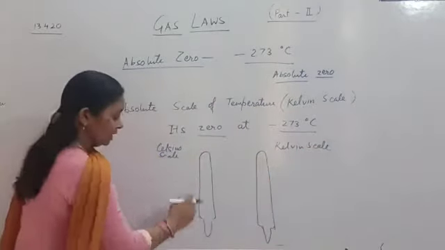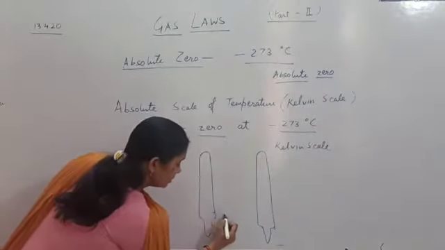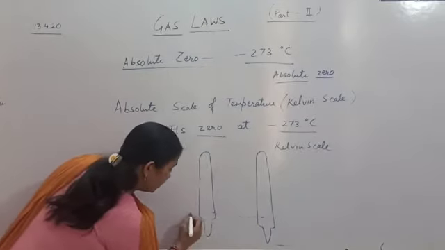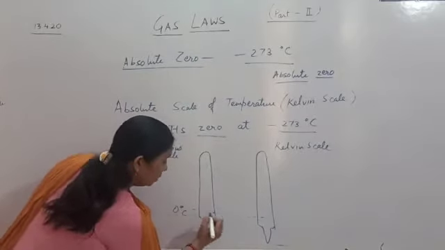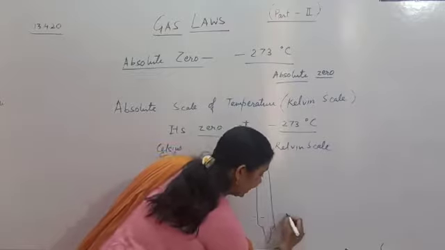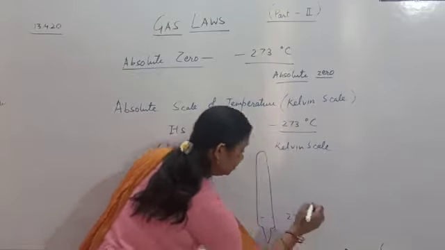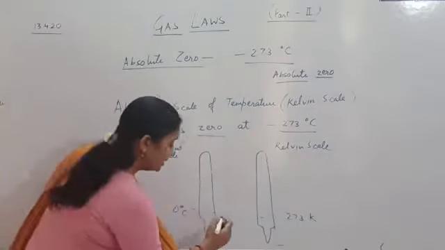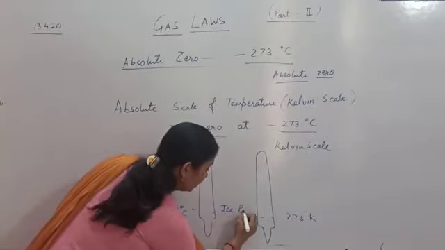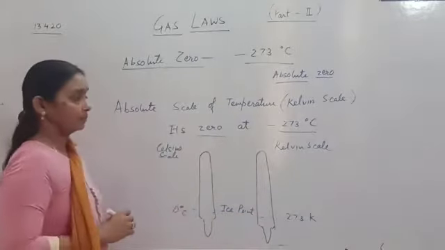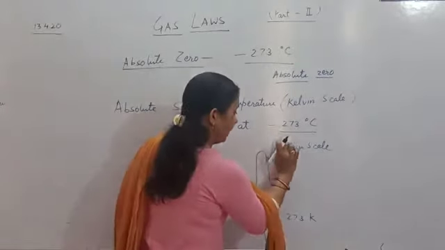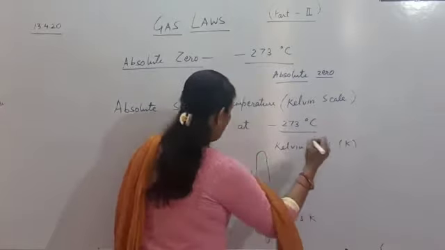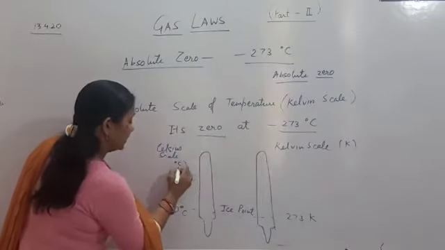What happens in the Celsius scale? The lowest temperature is 0 degrees centigrade, and on the Kelvin scale that is equal to 273 Kelvin. This is known as the ice point. Kelvin is represented by K and Celsius by degree centigrade.